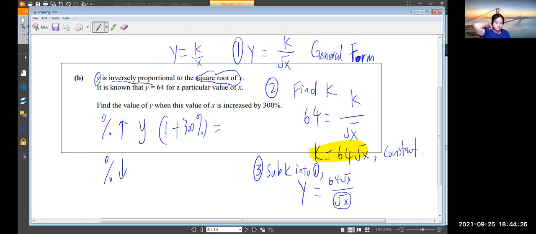Let's say a increases by 300%, you will get a times what? Can you use your calculator? You just key everything into your calculator: 1 plus 300% with the percentage sign. 4, right?